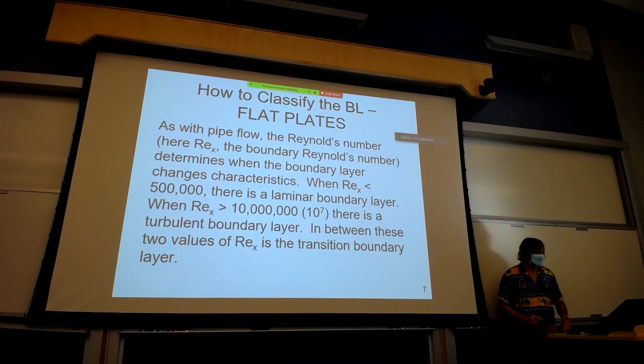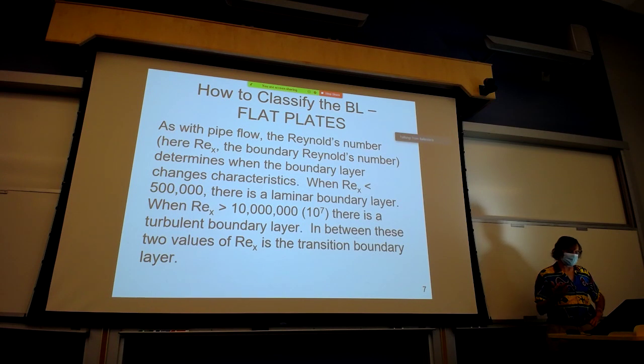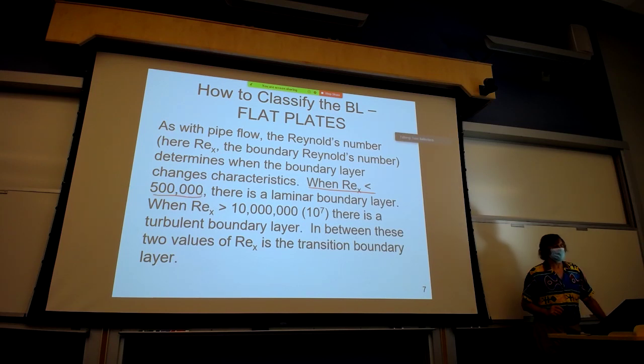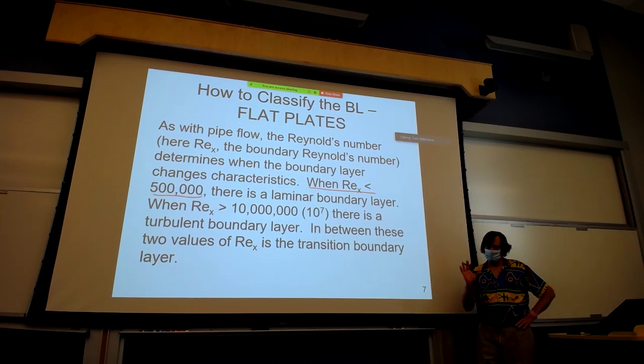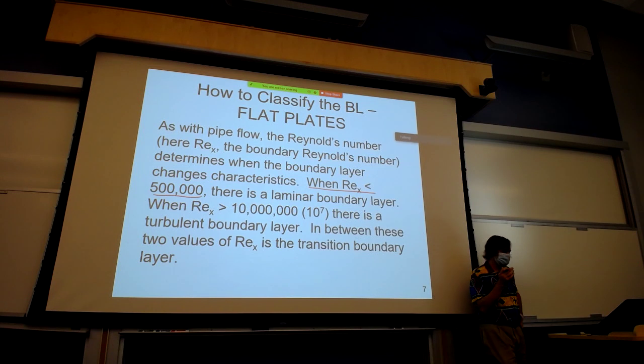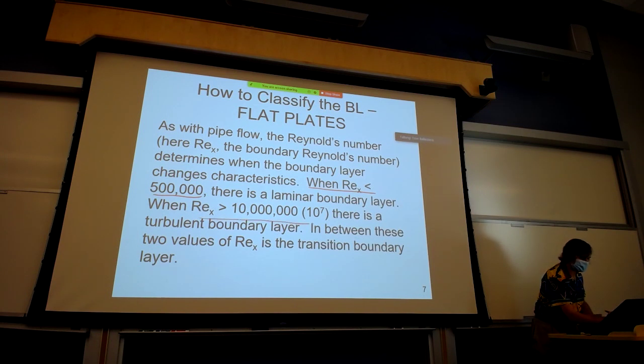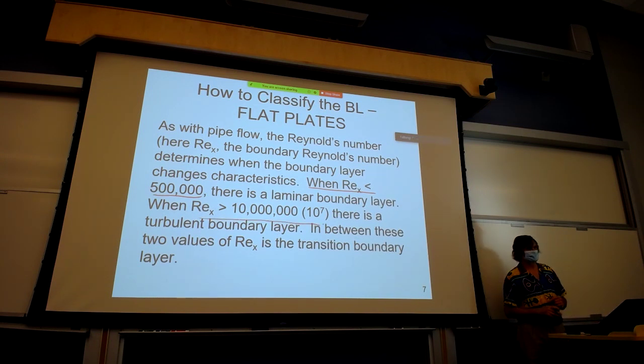So, how do we classify these regions? Well, the laminar region is occurring where what we call the boundary Reynolds number, which I will explain to you, is less than 500,000. And the turbulent region is where the boundary Reynolds number is greater than 10 million, 10 to the 7.